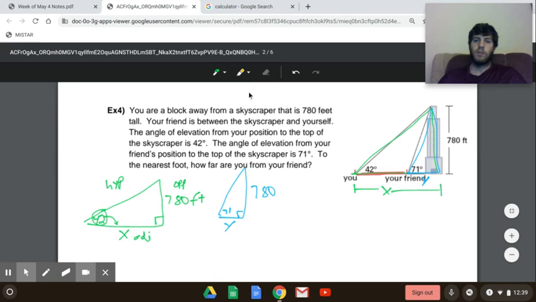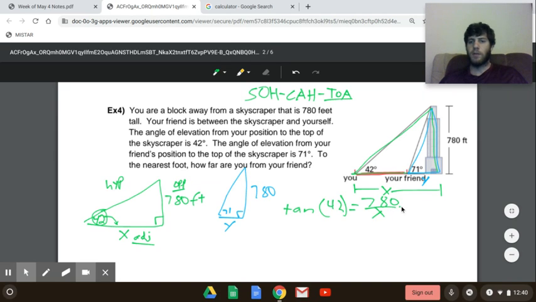So if you go to SOHCAHTOA, opposite and adjacent is the TOA part, so that's tangent. So we're going to do tangent of the angle, which is 42 degrees, equals opposite over adjacent, so 780 over x. We're going to multiply x on both sides.